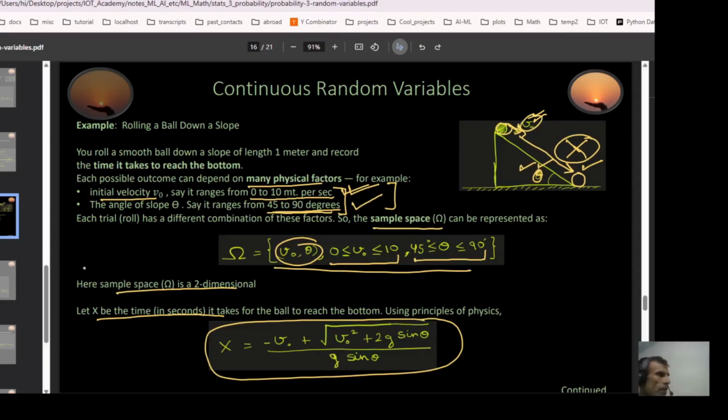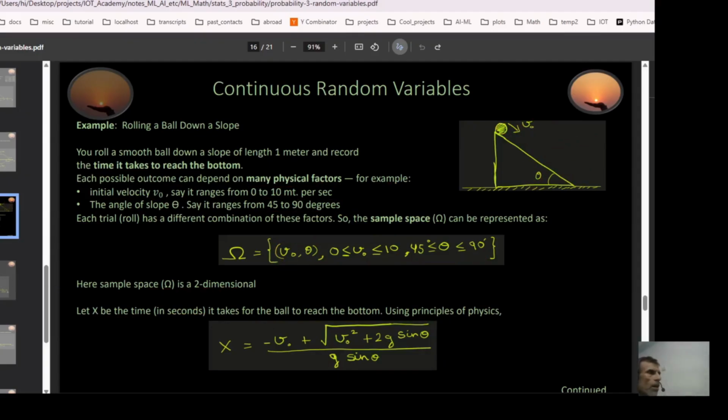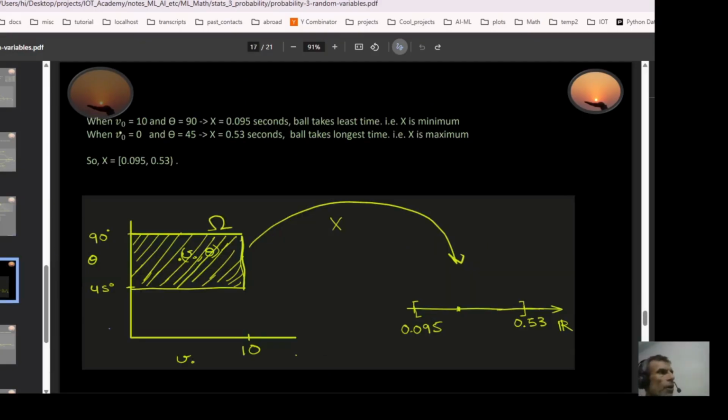Okay, now when your initial velocity is 10 and your theta equals 90 degrees. Basically what it means, let me just come down over here. This angle right here, theta, becomes 90 degrees. So in other words, this is a steep slope. It goes like this. So your ball is over here and you just go straight down.